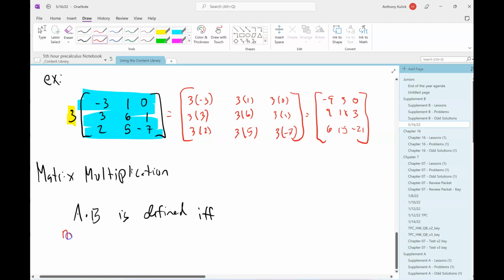So if matrix A is dimension n by m, matrix B would have to have a dimension m by p, where the number of columns in matrix A has to equal the number of rows in matrix B. So if that's the case, my resulting matrix is going to have dimension n by p.